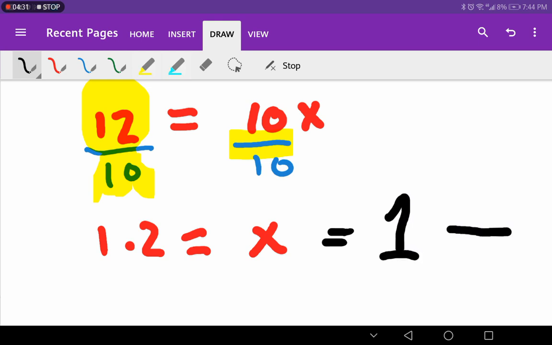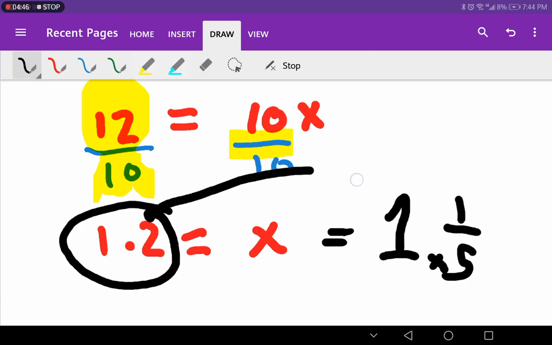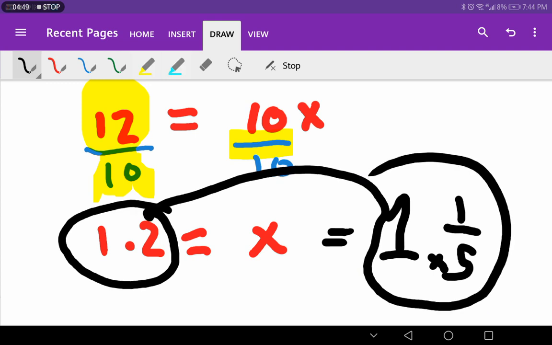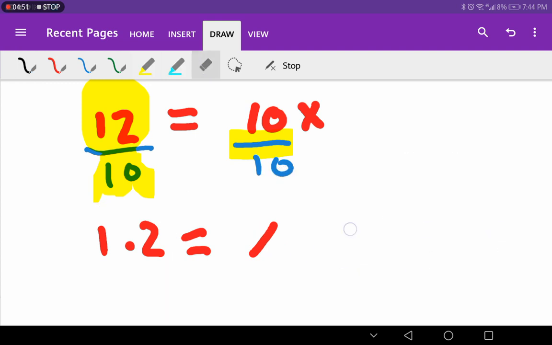Okay, now the 10 comes down, 10 times 1 equals 10. How many steps to reach 12? It is 2. And 2 over 10 equals 1 over 5. So 1 and 1 over 5 is the same answer as 1.2, the same. Okay, don't worry about it.